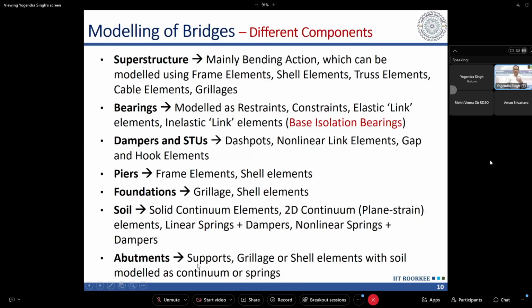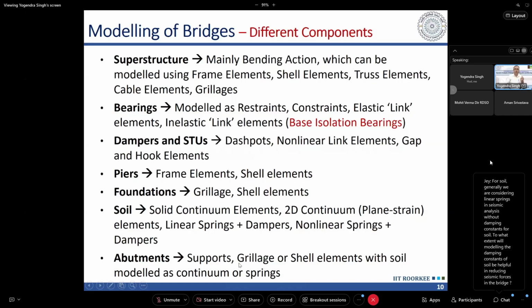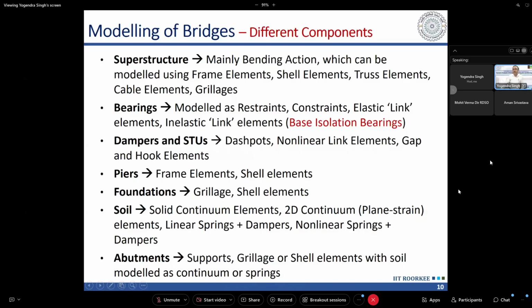Then if we want to take the flexibility of the abutment into account, or we want to design abutments also, in our model we want to consider that, then we can model those as grillage or shell elements. And along with that, we have to model the soil also, either as continuum or as springs. Then we will get the true behavior of the flexibility due to abutment.